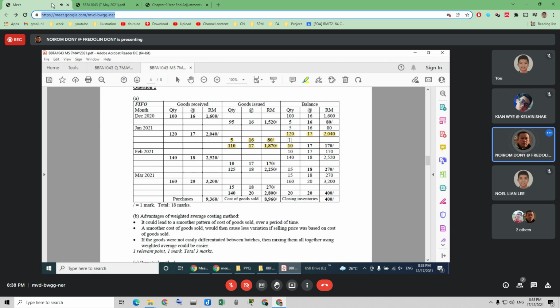Then we have existing 120, so minus 110. Okay, so we have a balance of 10 units. 17 and 170. So 10 times 17, 170.